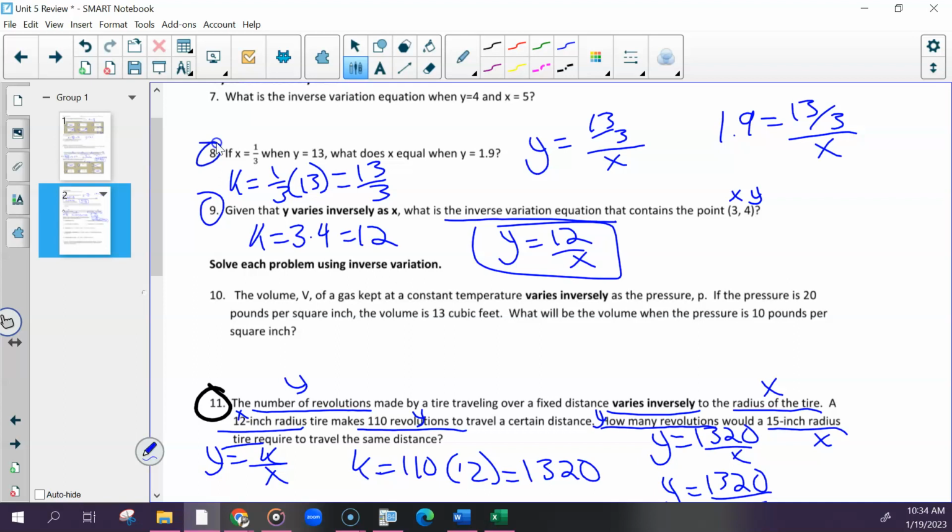That wouldn't really do anything. We are going to multiply it, but not by 1.9. Sorry. Multiply by x on both sides. So we'd have 1.9x equals 13 over 3. And then you could divide it by 1.9.